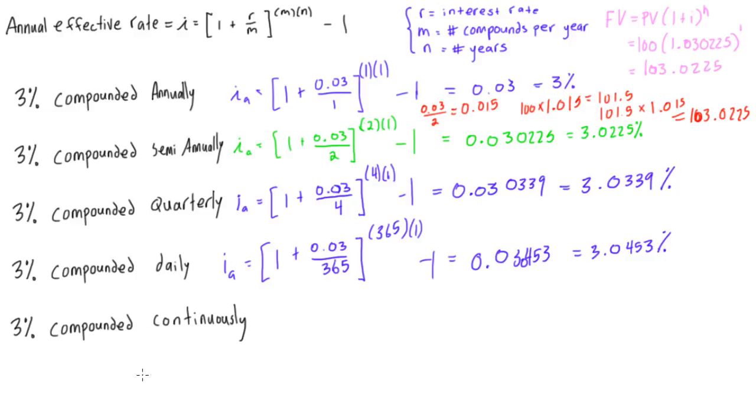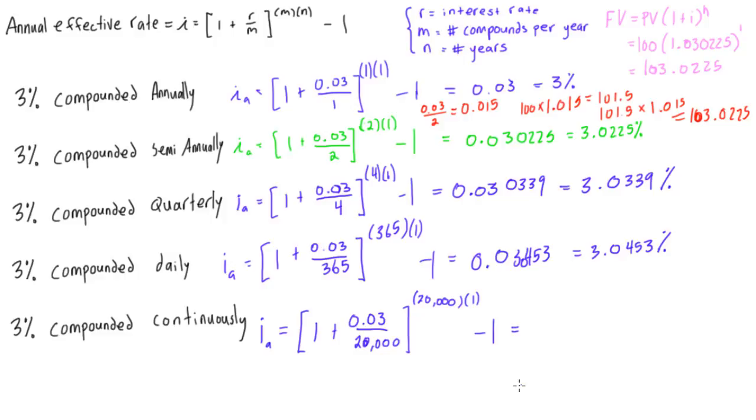Now, just for fun, we're going to do 3% compounded continuously. So all that you do for this is you're just going to pick a really big number. So let's have 1 plus 0.03, and let's say, I don't know, 20,000. That's a pretty big number. You can probably do 10,000 and get away with it, but you can pick a bigger number if you want. All right, so we're going to have this raised to the power of 20,000, times 1, not really doing anything, minus 1.